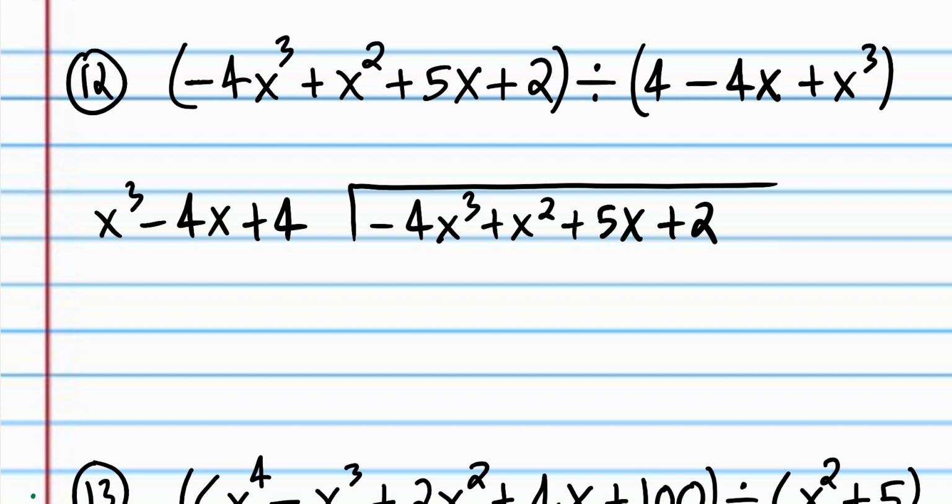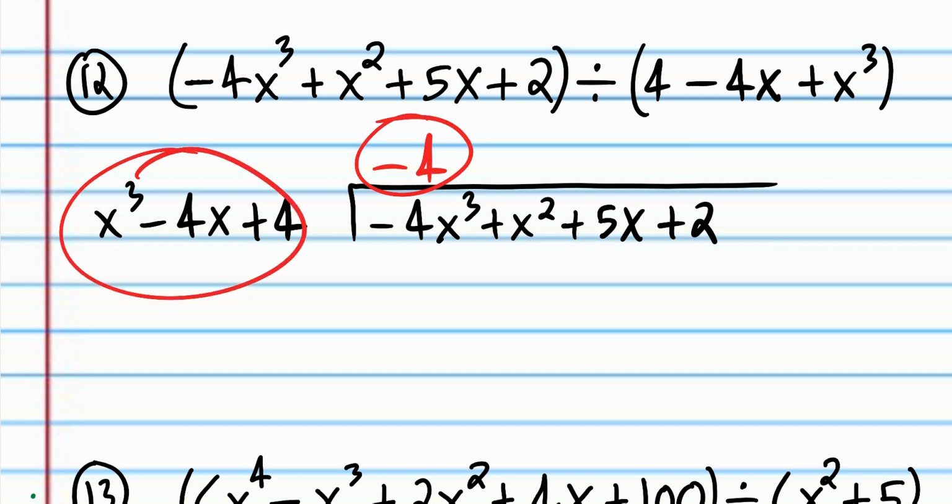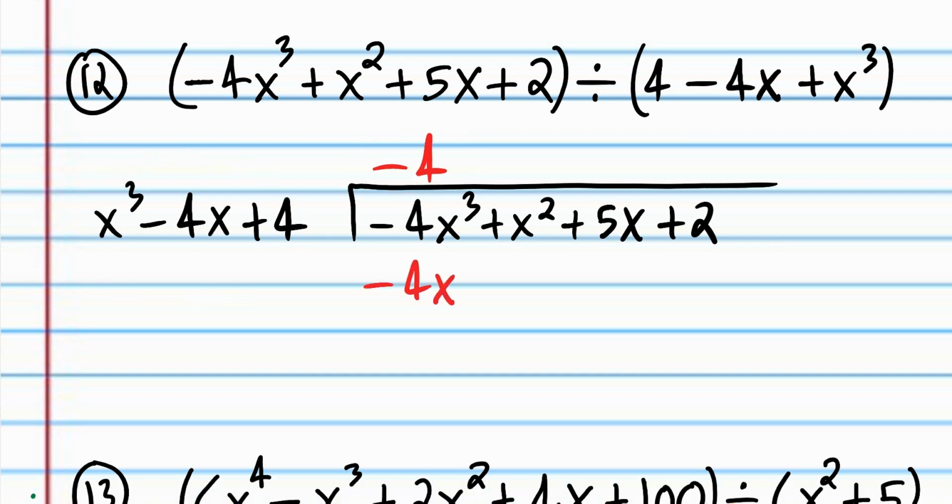Okay, so the first term in the divisor times what is equal to the first term in the dividend? And the answer is negative 4. That's step number 1. Step number 2, multiply that term or that number by the divisor, and we get negative 4x cubed plus 16x minus 16.